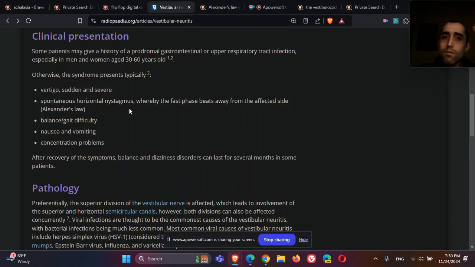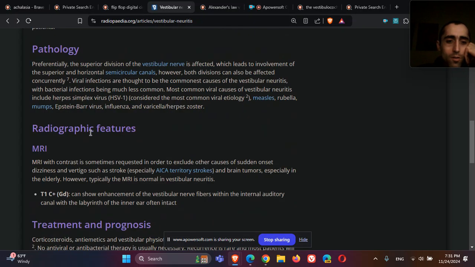Think about those things. And balance and gait difficulty, nausea and vomiting because of this, and concentration problems because of this. The idea is that it's vestibular nerve inflammation, so balance will be damaged, and the patient will have vertigo, and there will be a nystagmus that is of peripheral origin.